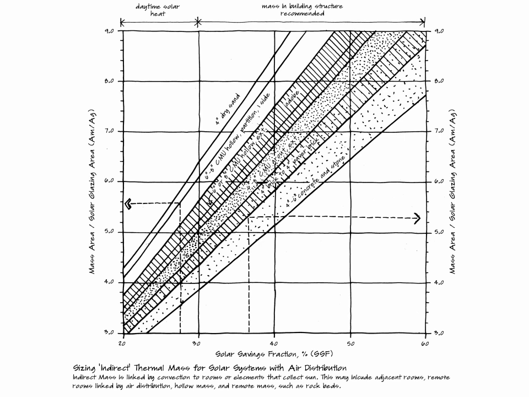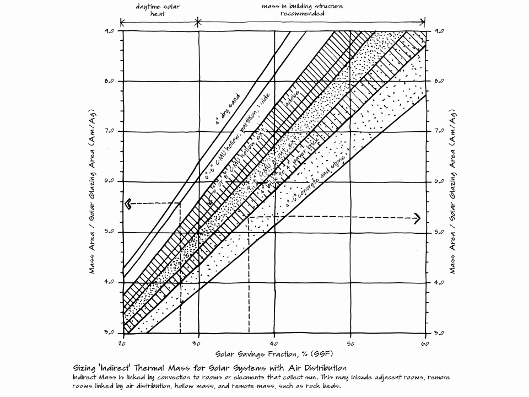You can see that the solar savings fraction on this sizing chart stops at about 60%. So you're not going to use all indirect mass for 100% of your solar heating or for some high solar savings fraction. It can be a supplement, but we really advise to always use some direct mass whenever you can.